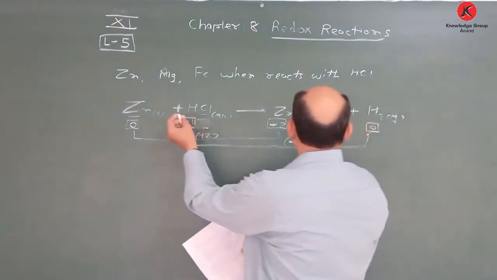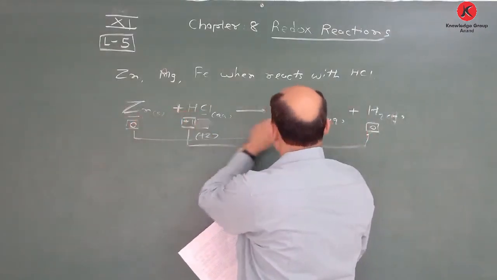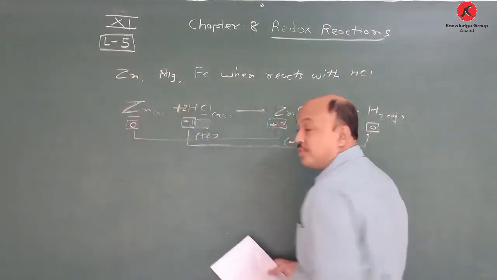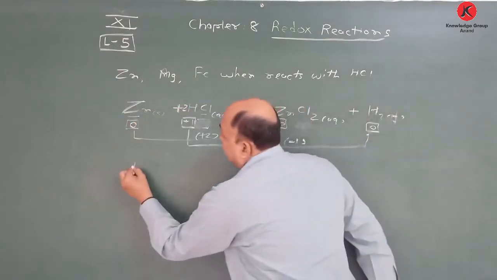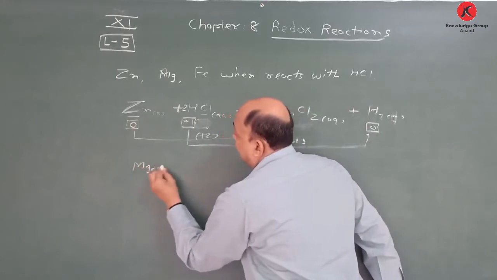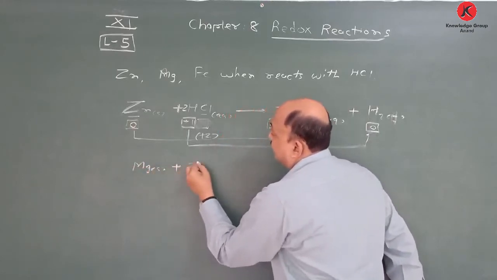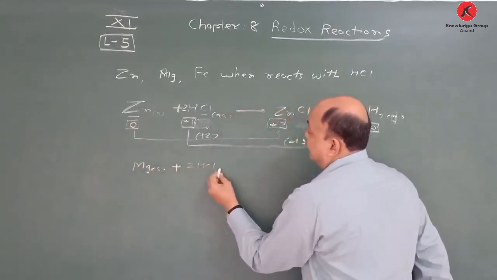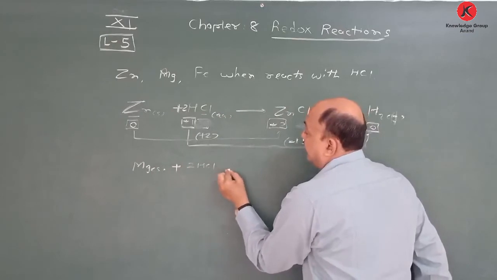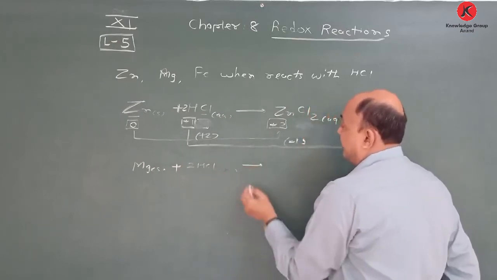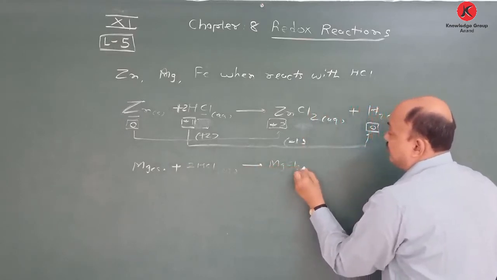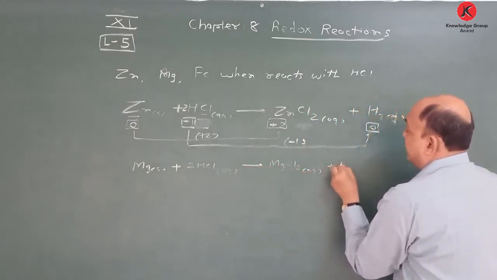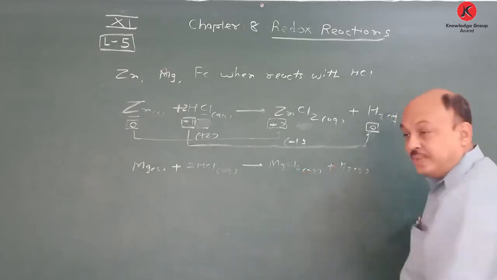Here you have to balance with respect to Zn, Cl is there 2, therefore you write down here 2. Same way another reaction, you try yourself: Mg solid plus twice HCl aqueous, it gives MgCl2 aqueous plus H2 gas.